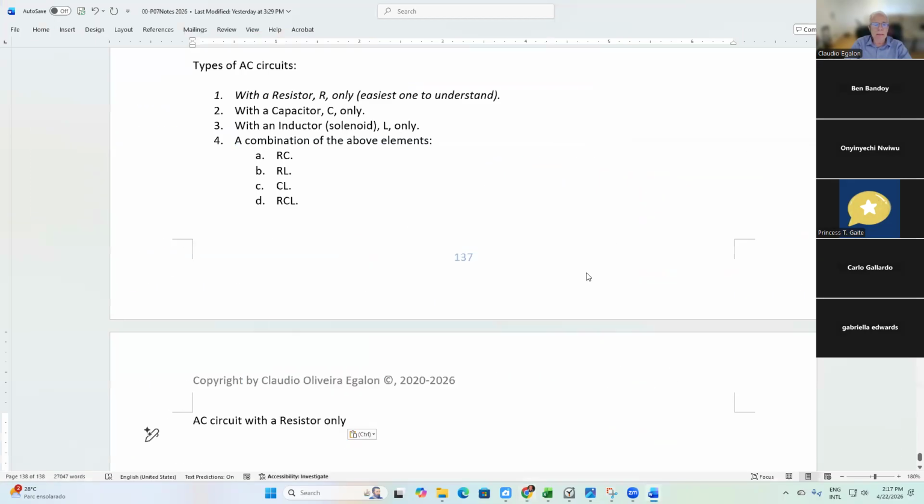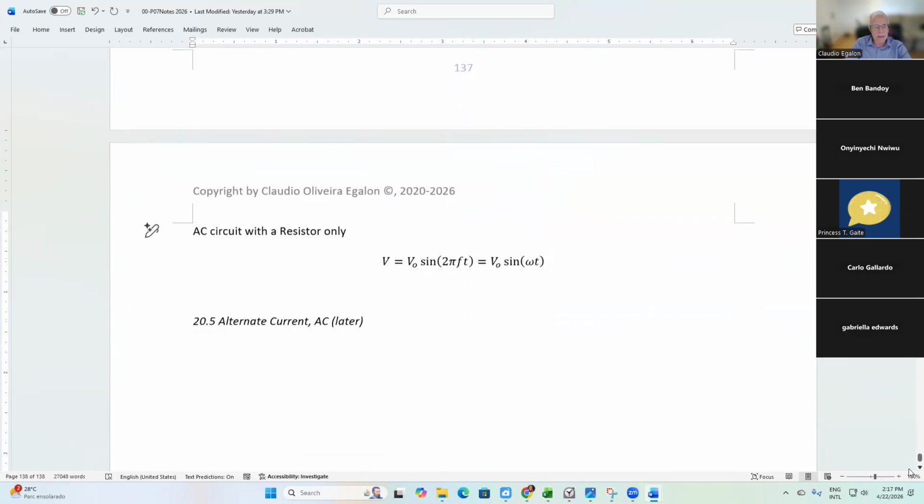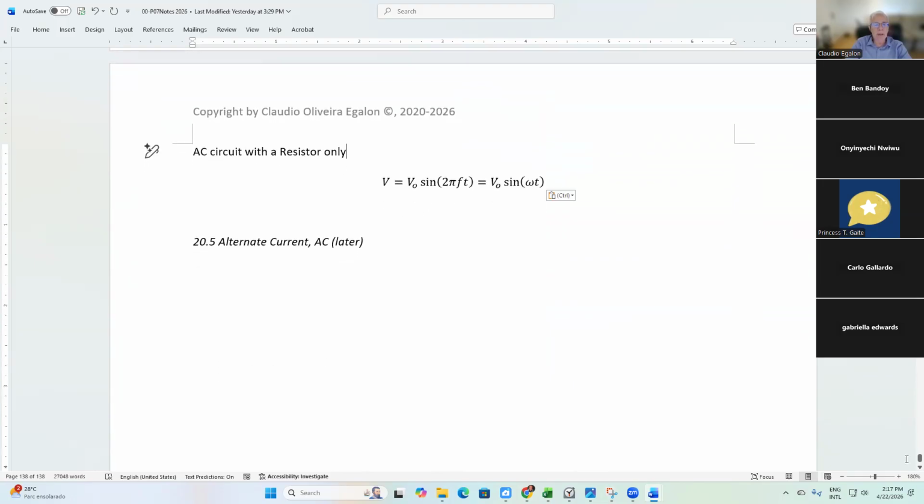Okay, and the voltage that varies in a circuit with a resistor only is a sinusoidal voltage. V0 is the peak voltage. We usually write that down as being 2 pi f. F is the frequency. And 2 pi f, we have a name. We call it omega, the angular frequency.